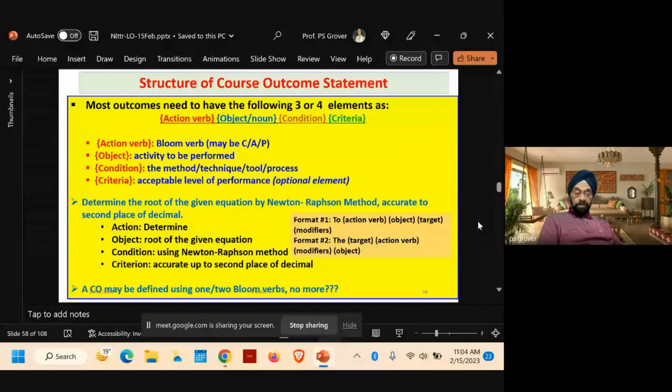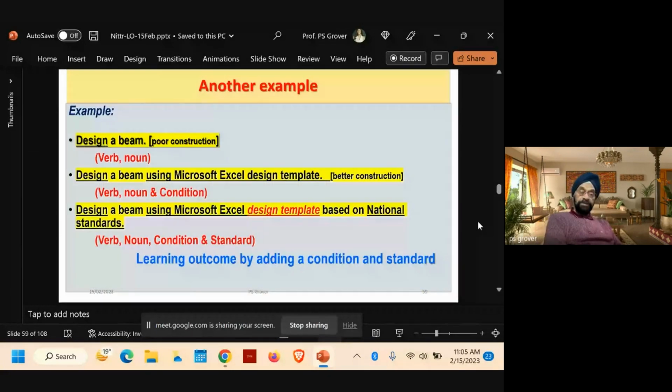A CO may be defined using 1 or 2 Bloom verbs, no more. When I design the course outcome, if you use too many Bloom verbs, then implementing will become a challenge. Experience shows 1 or 2 Bloom verbs will be adequate in the design of the course outcome.